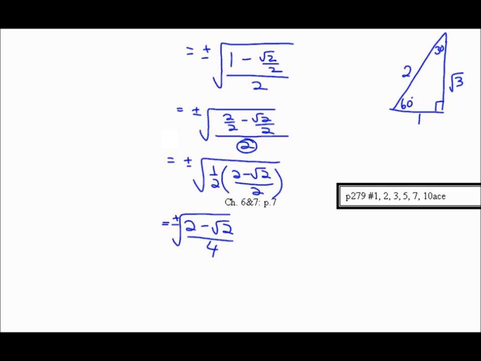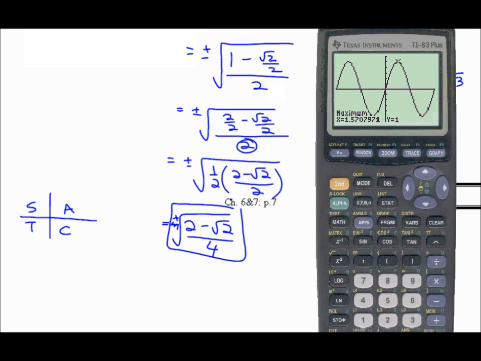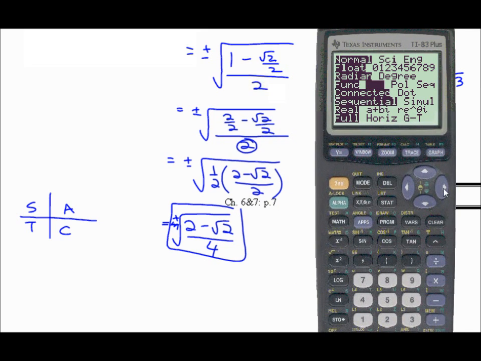Now we have to figure out if it's the plus or the minus. We're not done. If we're at 22.5 degrees, is it the positive, the negative, or both? It's just positive, so it's not the negative. Let's punch it in our calculator, as long as you're in degree mode: sine 22.5.